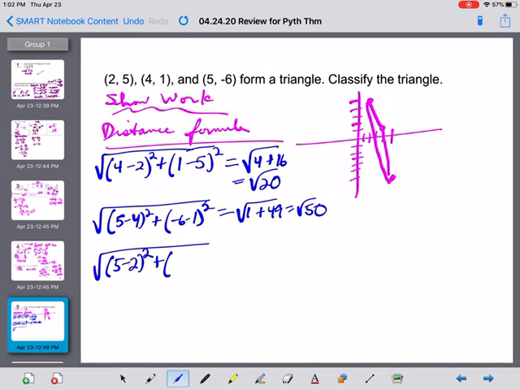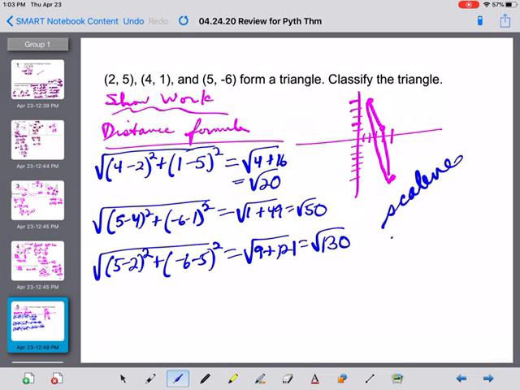So then let's do (x2 minus x1) squared, (y2 minus y1) squared, 9 plus 121, square root of 130. So they're all different lengths. Okay, so therefore it is scalene.